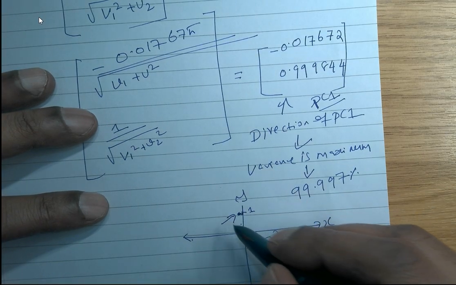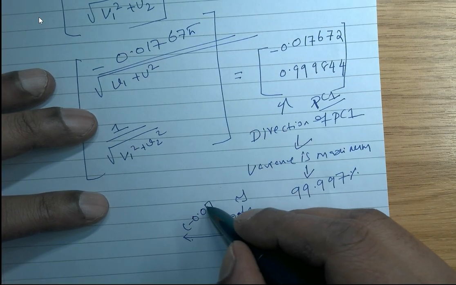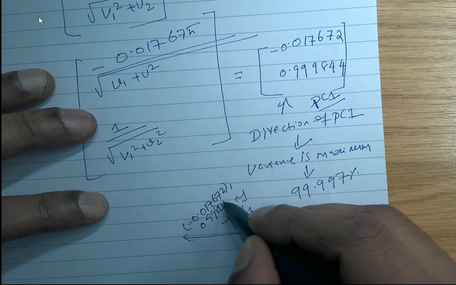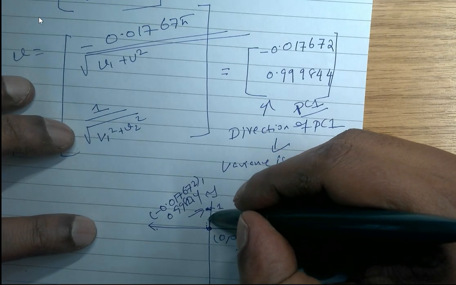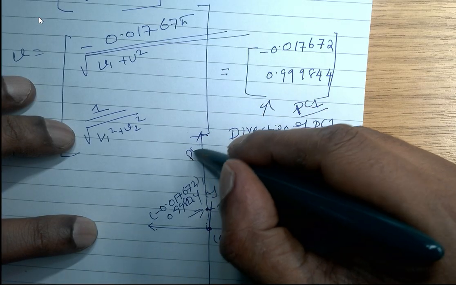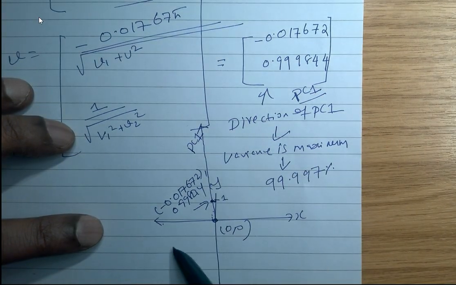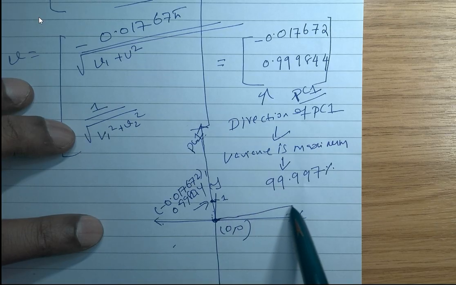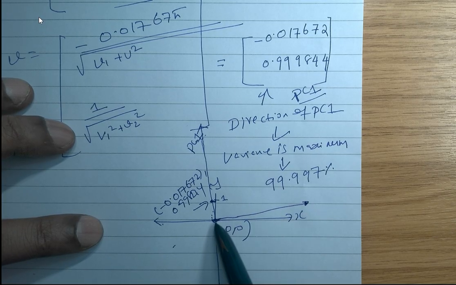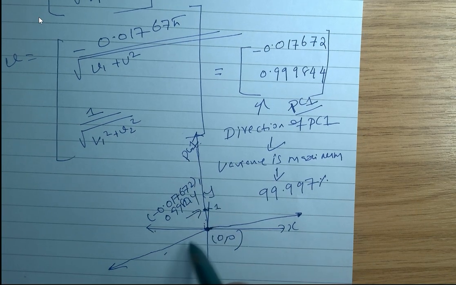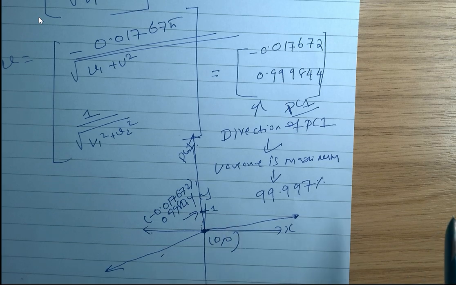So that point will be minus 0.017672 comma 0.99844. If you connect these two points, that will be our PC1, and typically PC2 will be exactly perpendicular to this one. You may get some value which is completely perpendicular to this, somewhere around here, if you really plot. The line perpendicular to this one will be your PC2.